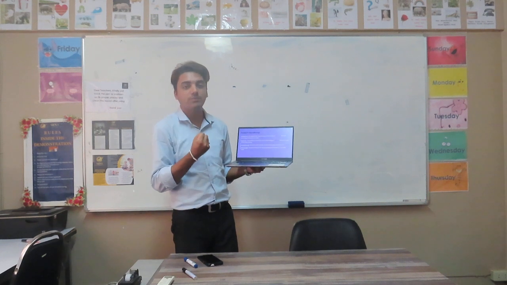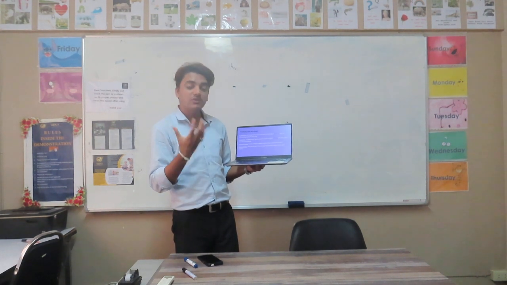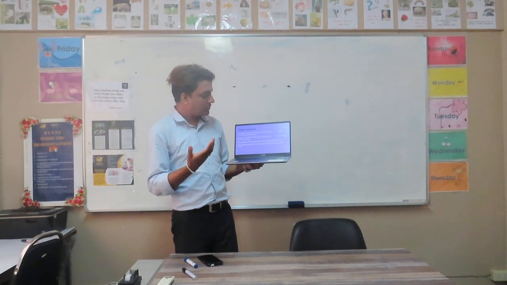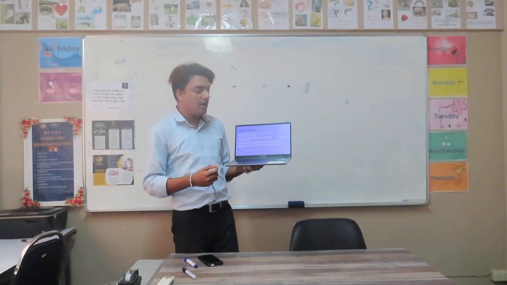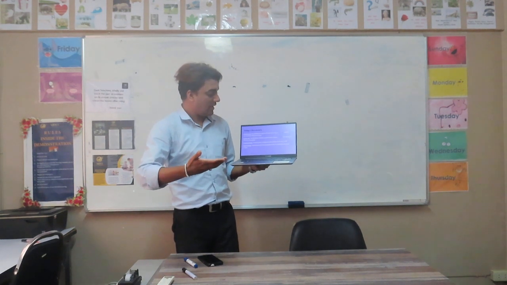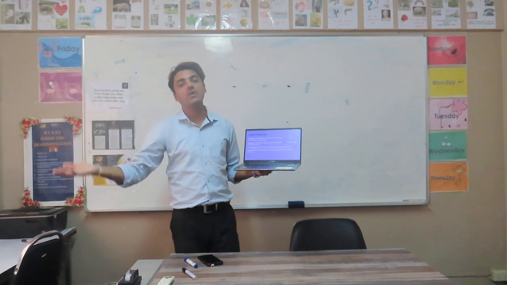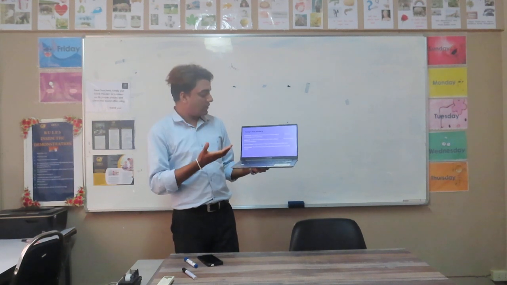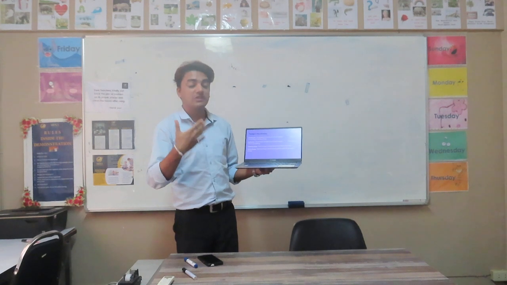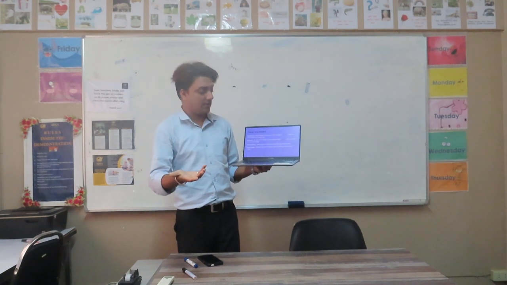Energy is absorbed. Okay? Exothermic is opposite of endothermic. An exothermic reaction is one in which energy is released from the system into the surrounding. So endothermic was absorbing energy and exothermic is releasing energy.